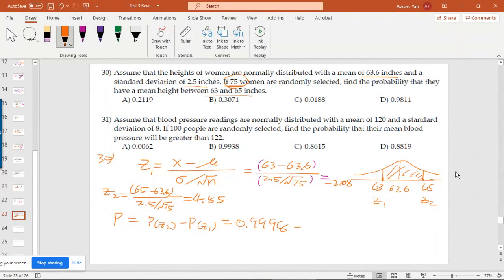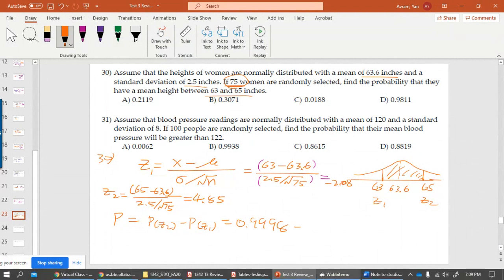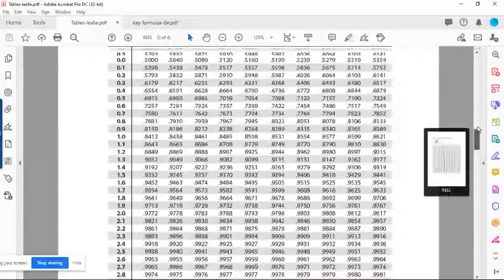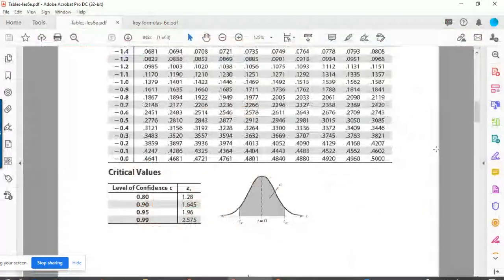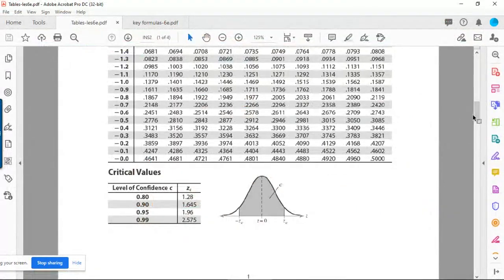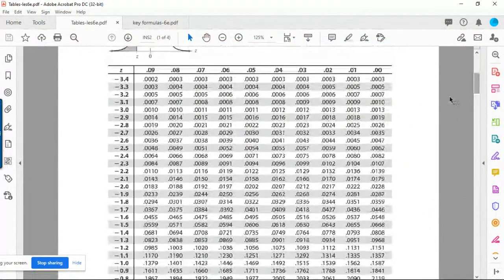0.9998 minus this one, which is negative 2.08. I already forgot the number. Negative 2.08, which is the second one right here.